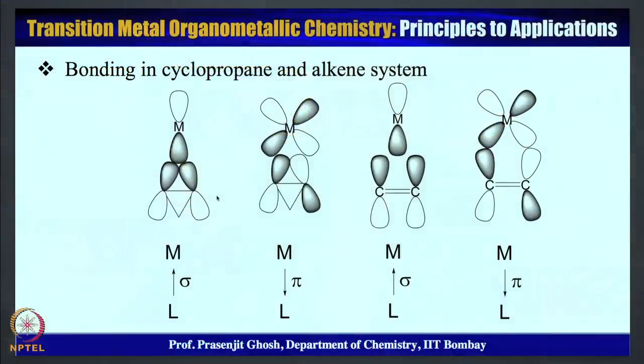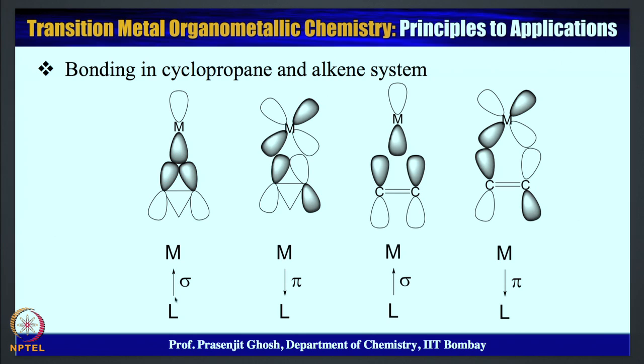It was shown that this ligand to metal sigma donation affects the sigma bond of the cyclopropane, which is sort of bent because of the orientation of the orbital, whereas a similar interaction between a metal orbital and the pi cloud of an olefin does not affect the sigma bond, which remains untouched, whereas it does affect the pi bond.